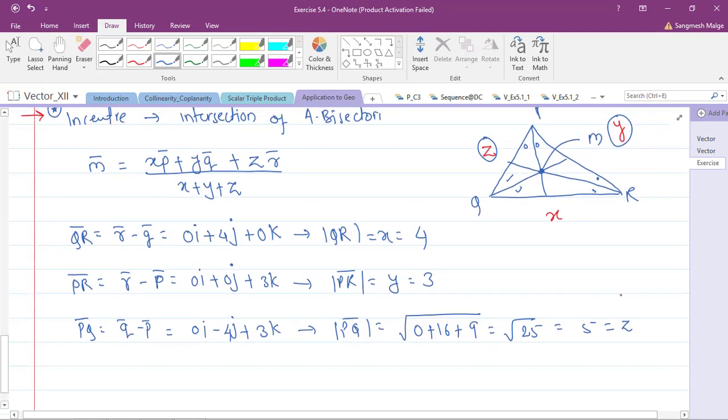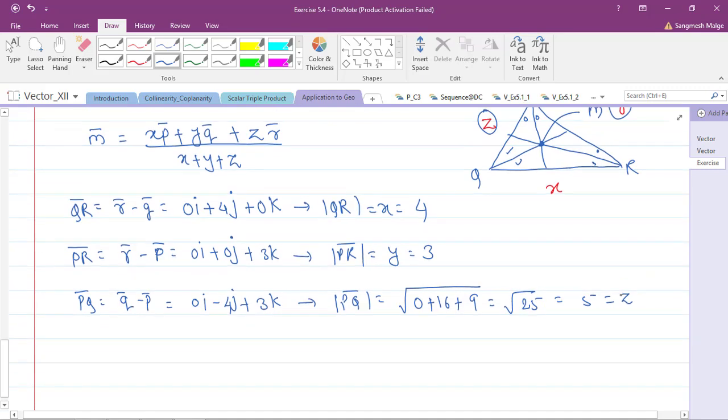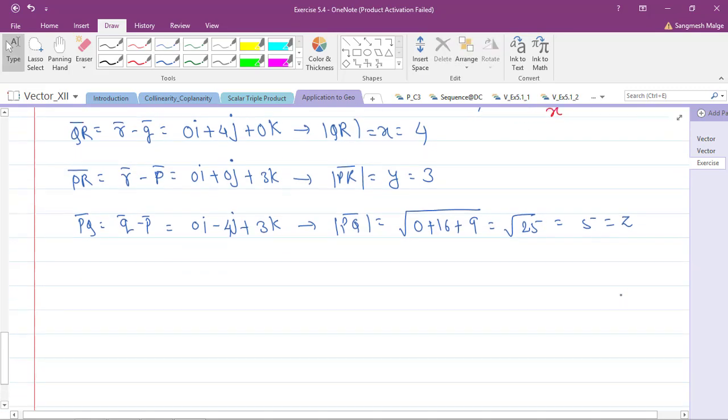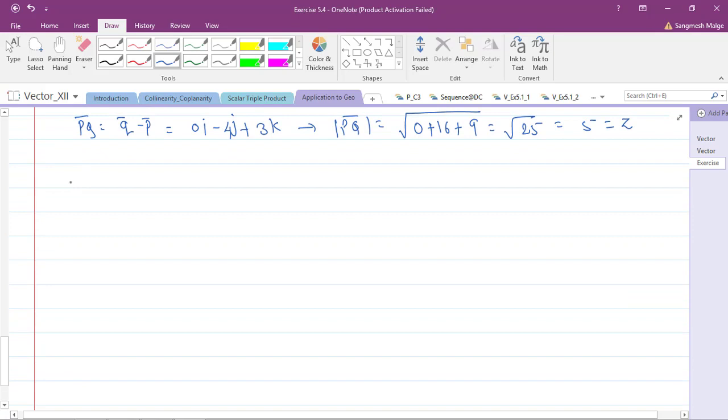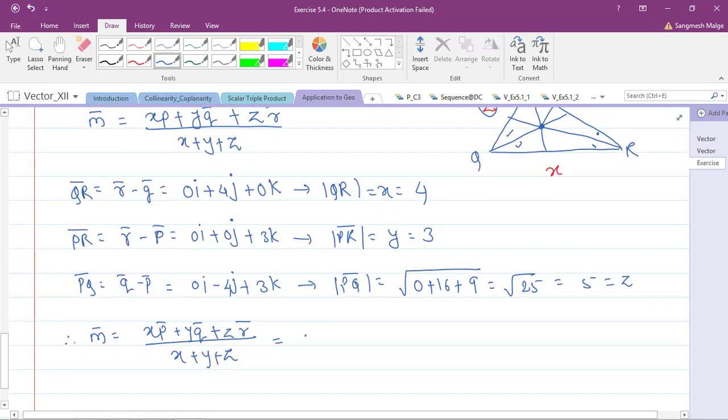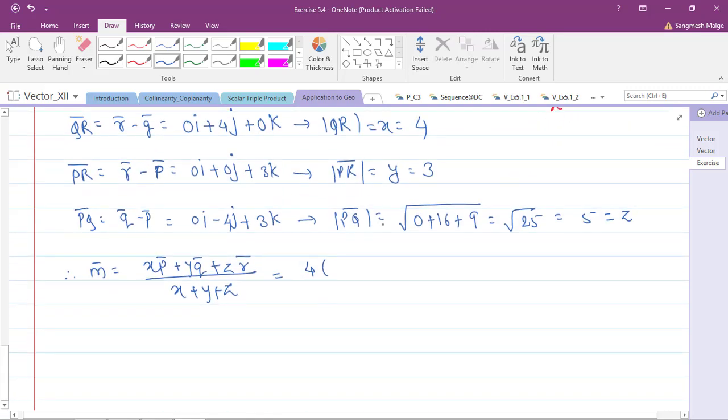Okay, so now let's substitute the values of x, y, z and p, q, r bar. Therefore m bar is equal to xp bar plus yq bar plus zr bar upon x plus y plus z. X is 4, so it is 4 into p, which is 0 4 0, so 0i plus 4j plus 0k, plus y is 3 into q bar.